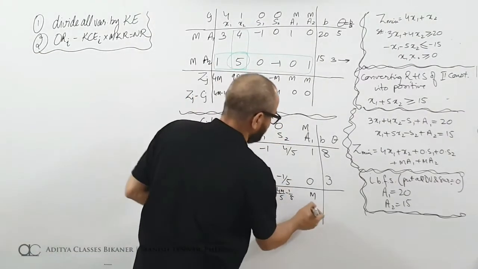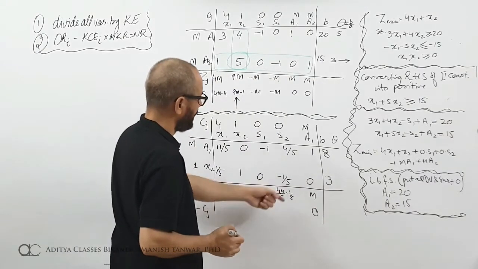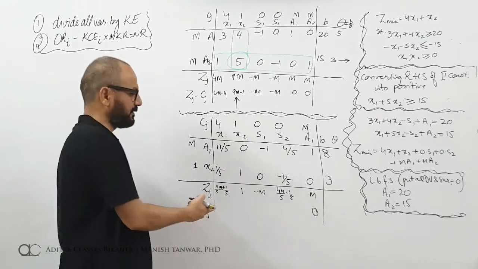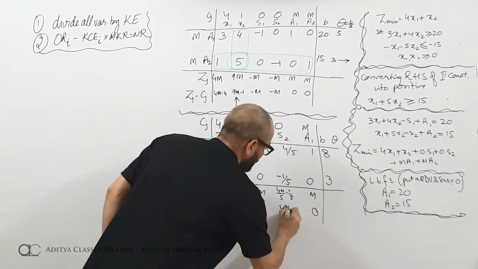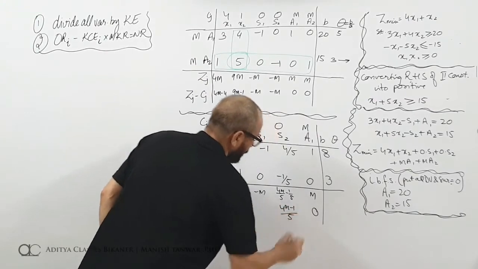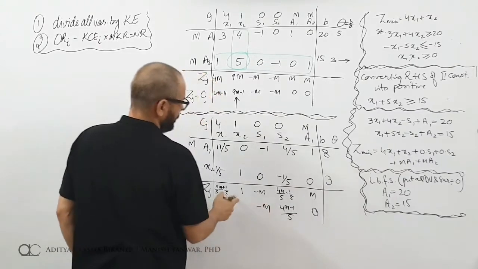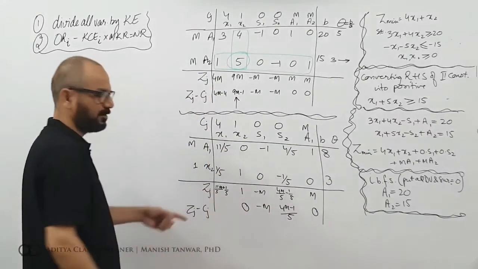M minus M, 0. 4M minus 1, both have 5 as a denominator, so we can take LCM as 5. Here we have a 0. So, this will become 4M minus 1 upon 5, minus M, 0, minus M, 1 minus 1, 0. Both have denominators of 5.